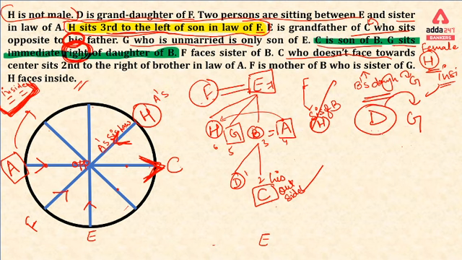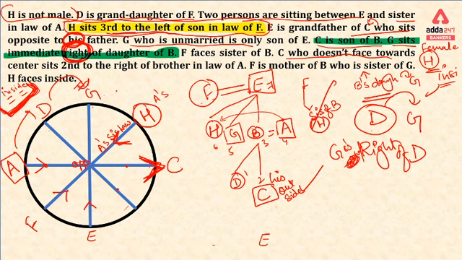That means G sits second to the right of D. So if we arrange here D as an immediate right, not a second, immediate right, so D and G's place values will be cleared here.